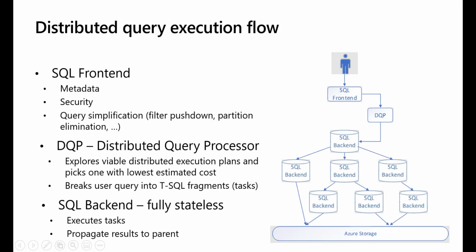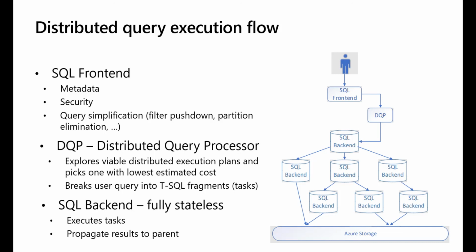The distributed query processor will decide how many SQL backend nodes are needed to process the queries. In this case, we are using compute power that we have in Azure Cloud to provision SQL backend engines that will read data from Azure Storage or Cosmos DB.